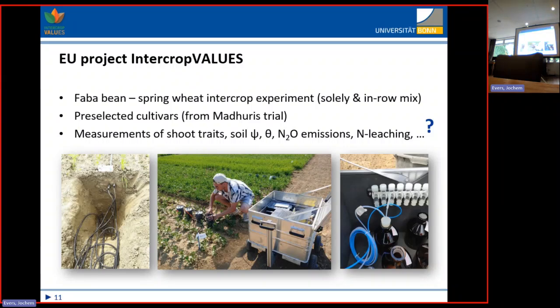Well, it's an alluvial soil, and you have a layer with a higher clay content. Actually, it's not really very high, and the wheat doesn't care at all. But this faba bean is really super susceptible to any compaction. Whenever it reaches this layer, it stops. So it really depends. But in general, I would say the faba bean is more shallow rooting than the spring wheat.